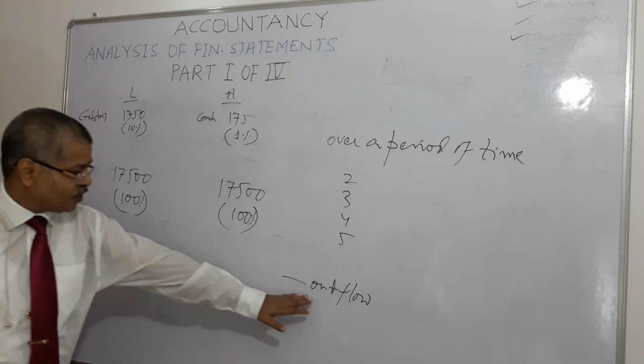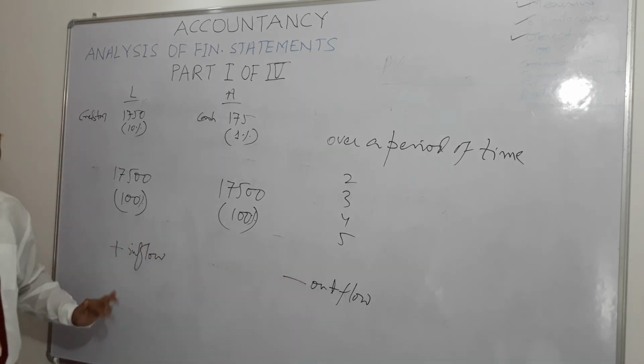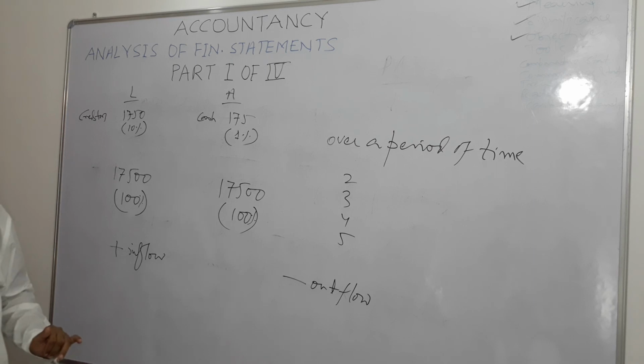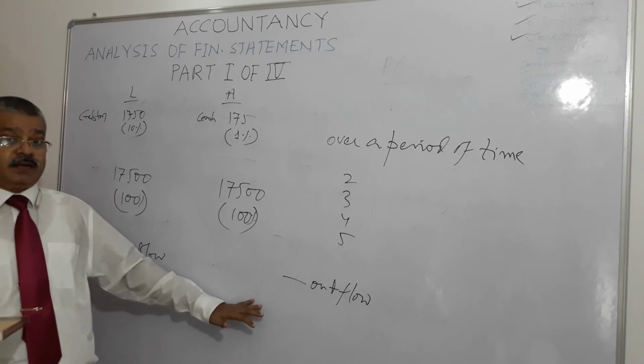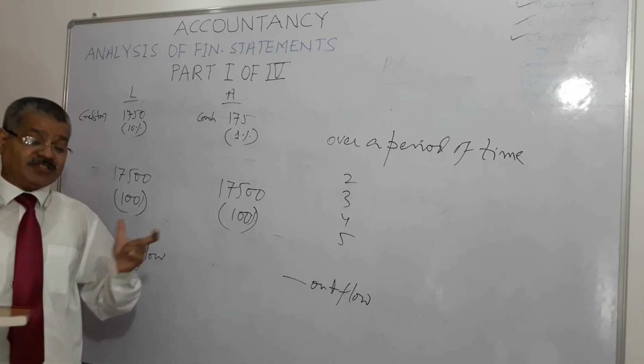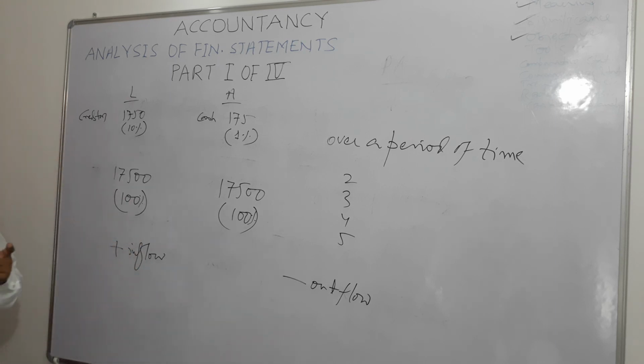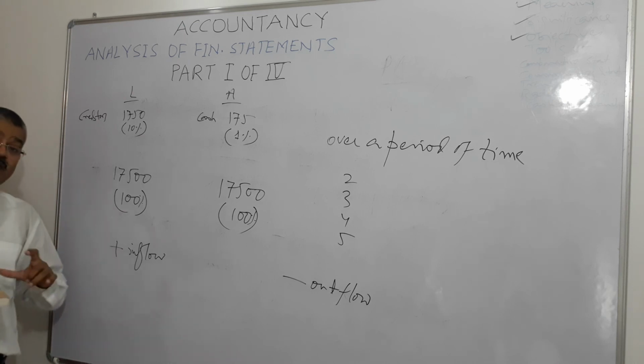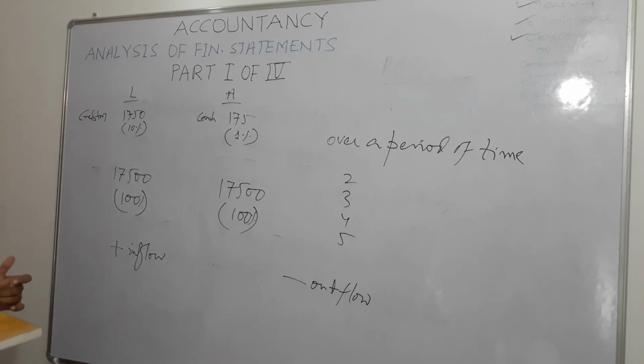If outflow is more than inflow, we have a cash deficit, right? So people also are interested in the cash generation of a company, how cash is generated and how much it is generated, whether it is sufficient or insufficient, right? And how it is utilized.